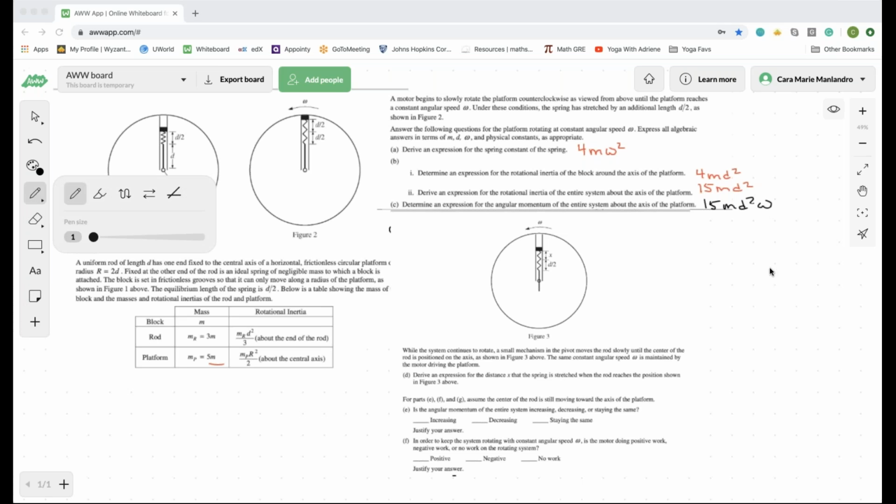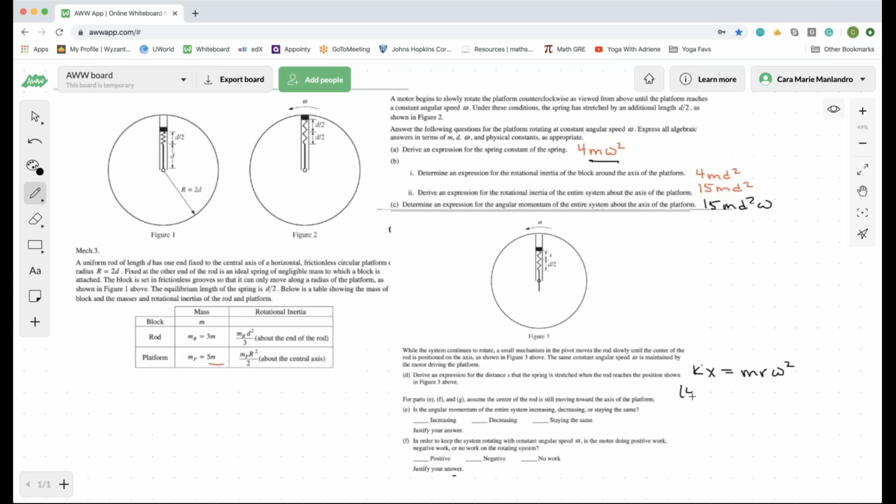All right, so we're going to do this similar to what we did before, where we said that kx is equal to m r omega squared. But now we want to make a substitution for k.